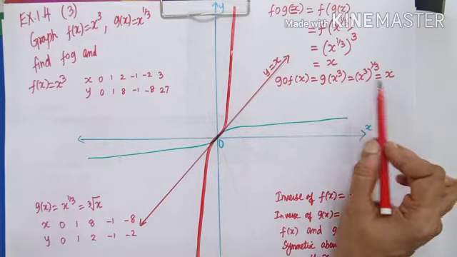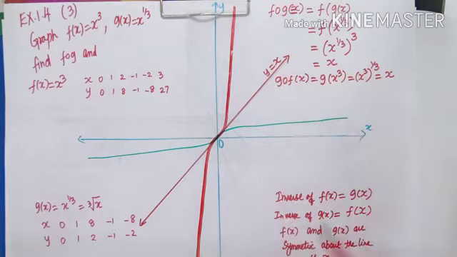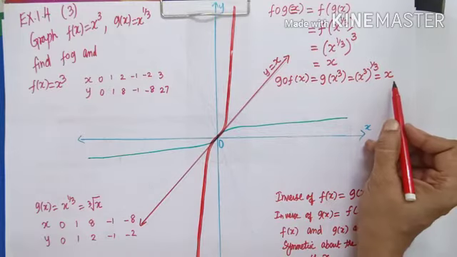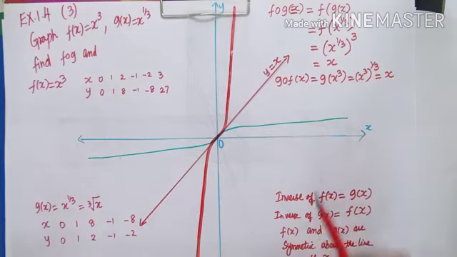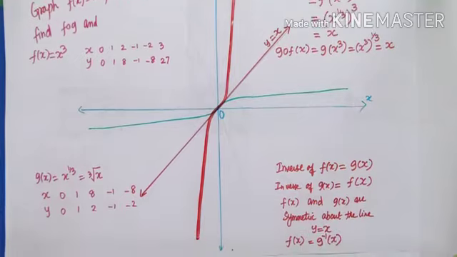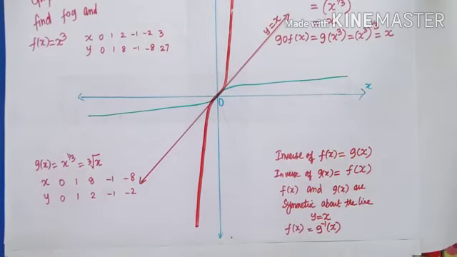Tells me f composition g and g composition f are nothing but yielding me identity function. That is, inverse of f of x is g of x, inverse of g of x is f of x. Or I can say f and g are inverses of each other. F of x equals to g inverse of x.